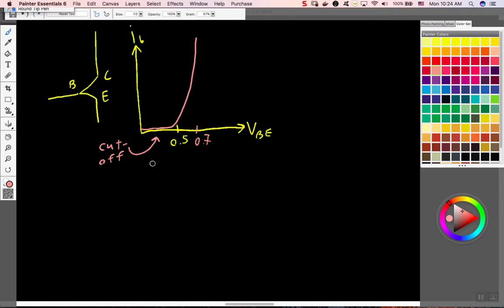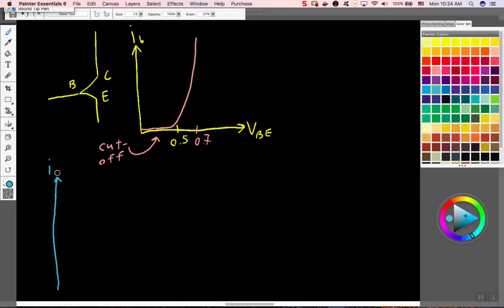And then we have another curve for the relationship between VCE and IC. That curve is a little complicated. I'm a little worried about getting it right, so I'll draw it pretty big.